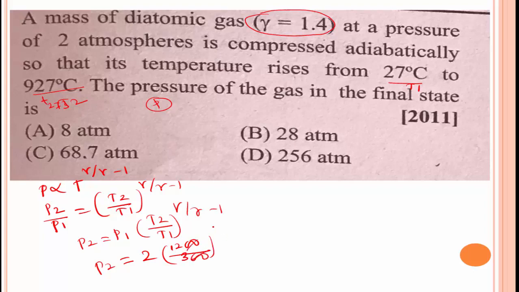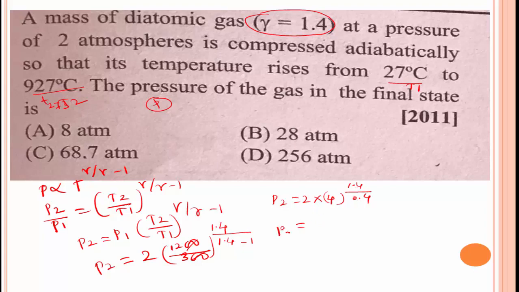For a diatomic gas molecule, gamma is 1.4, and 1.4 minus 1. When you solve this problem, we get P2 is equal to 2 into 1200 divided by 300, that is 4, 4 whole to the power of 1.4 divided by 1.4 minus 1, that is 0.4. Then 2 into 4 to the power of 1.4 divided by 0.4.